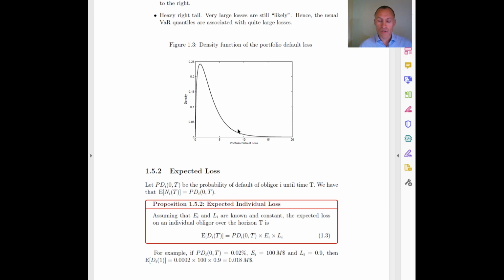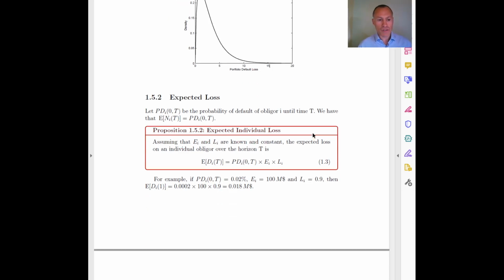We'll discuss this in more detail when we get to the portfolio models, but essentially this comes from the fact that losses are correlated between firms. So in a recession, for example, you will see a lot of firms defaulting at the same time, and that is bad for the bank that is lending money because they will observe a lot of losses in their portfolio.